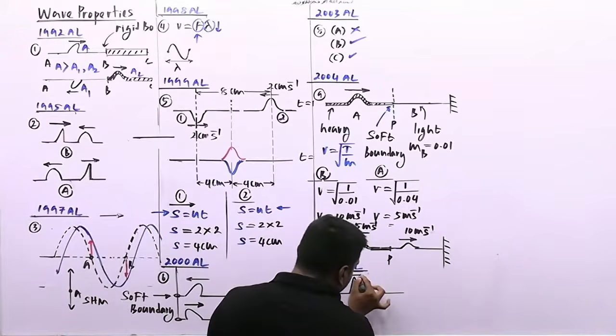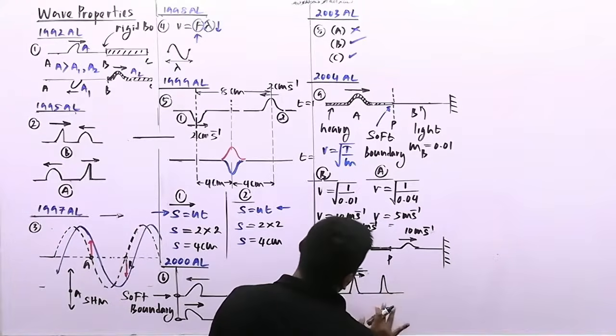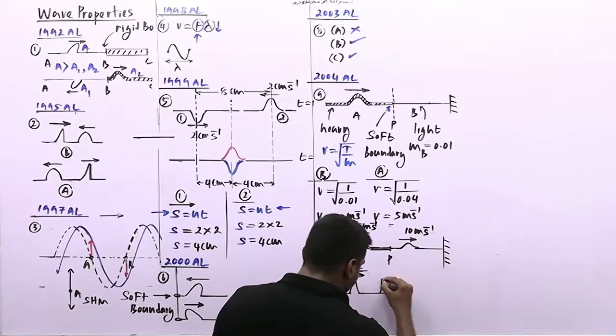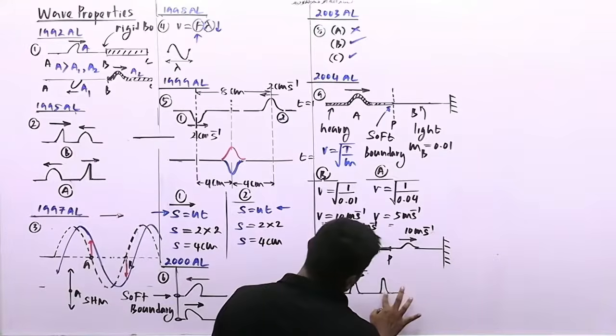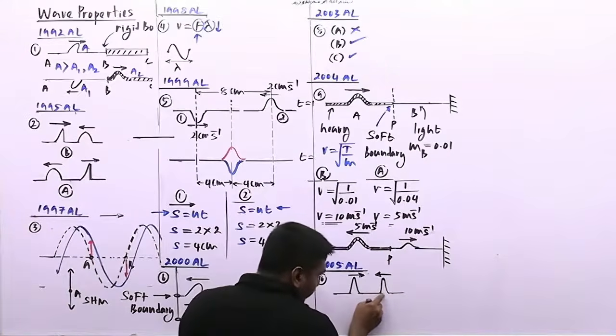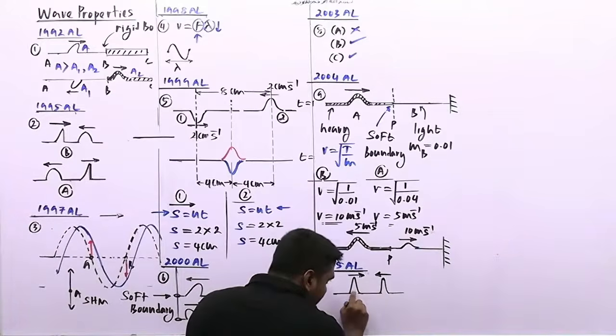This pulse moves to the right side and this pulse moves to the left side. Now understand both of them are identical wave pulses, therefore both have the same amplitude and both move towards each other at the same speed.